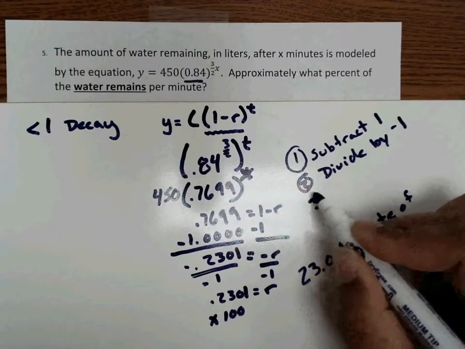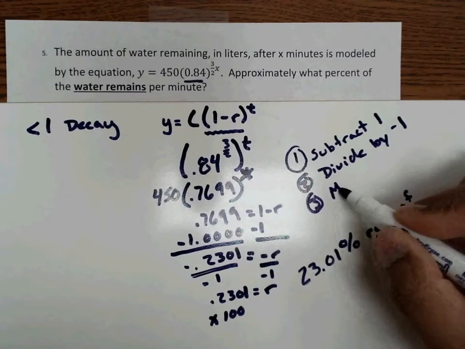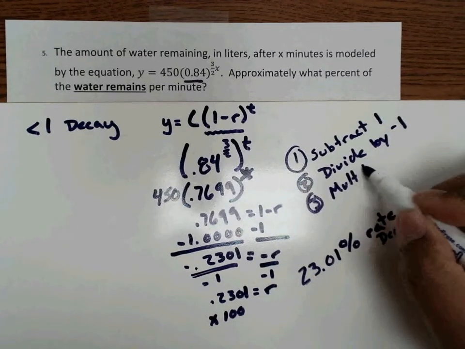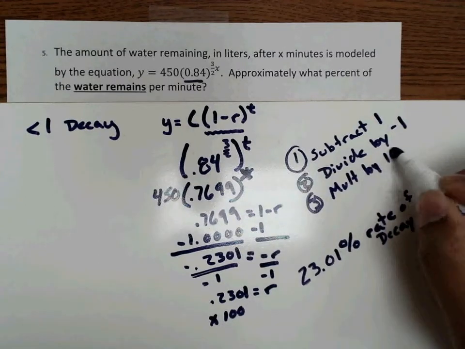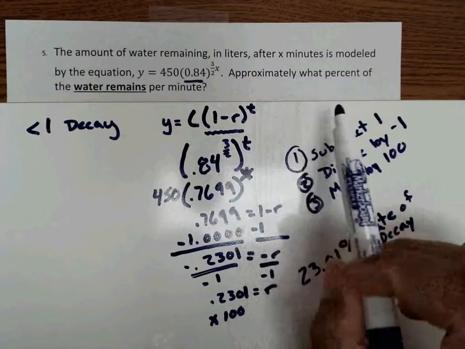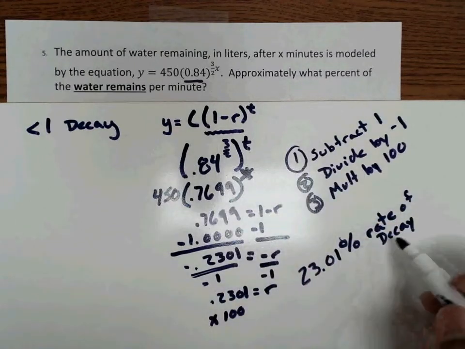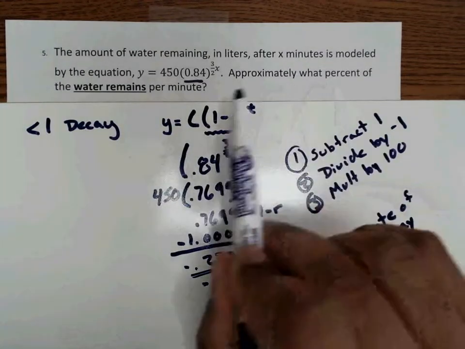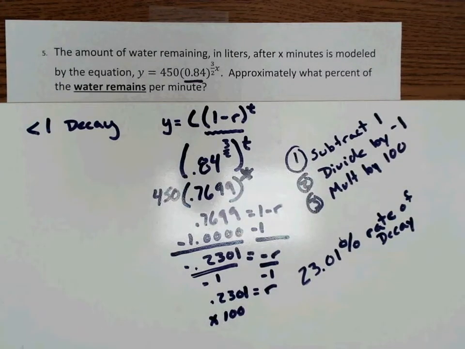The third thing we did was multiply by 100. Now we have to be careful because they did not ask what percent was decaying. They asked what percent of water remains per minute.